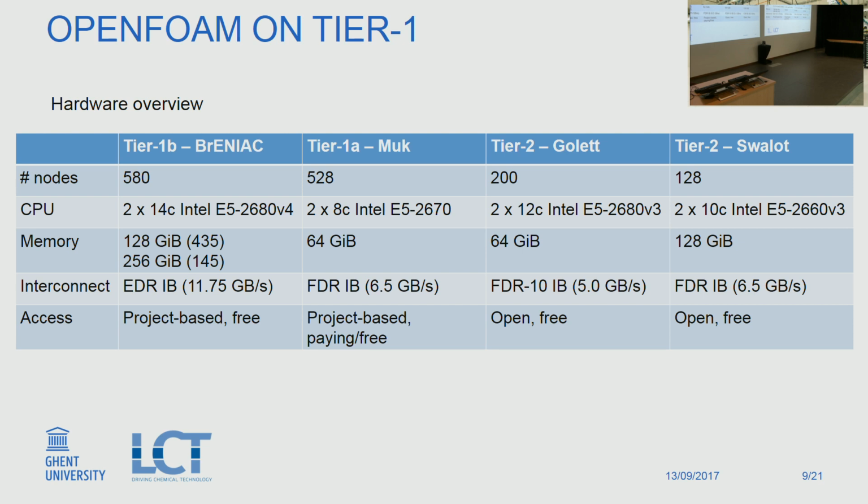The thing that I want to stress is the interconnect, because I will show you some scaling data later. But what we saw was that cases that wouldn't scale on Muk with FDR InfiniBand or on Golett with FDR 10 would scale perfectly on Breniac, and that's the advantage of the EDR.